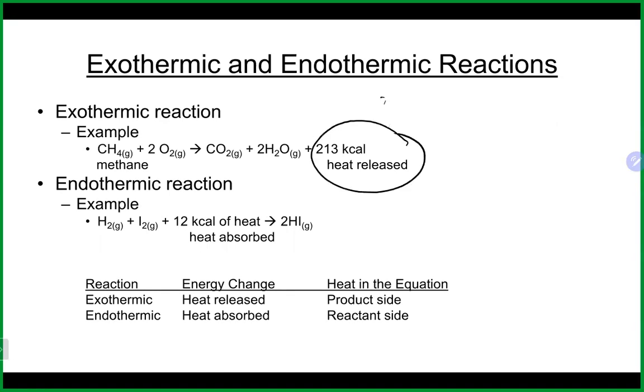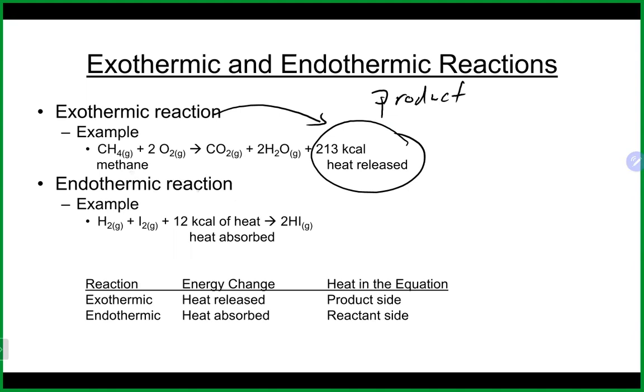So a lot of times when we have an exothermic reaction, if we do put something into the equation, we would put it on the product side. A lot of times you may just see generically written heat on the product side, maybe not a number. And you'll see it on the product side in an exothermic reaction.